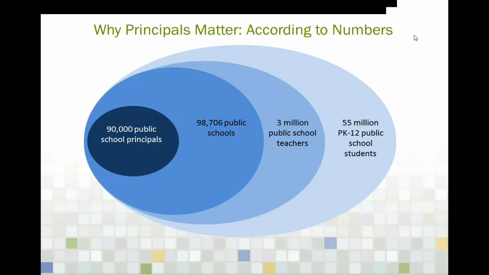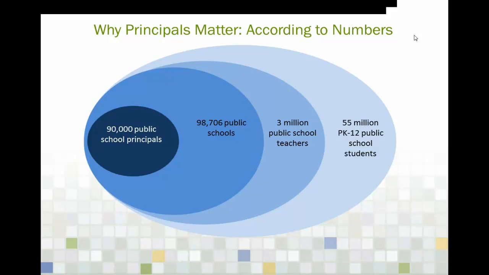This slide is about why principals matter. If you take a look at just from a pure numbers game, principals are uniquely positioned really to affect the 98,000 public schools, 3 million public school teachers, and 55 million pre-K-12 public school students.